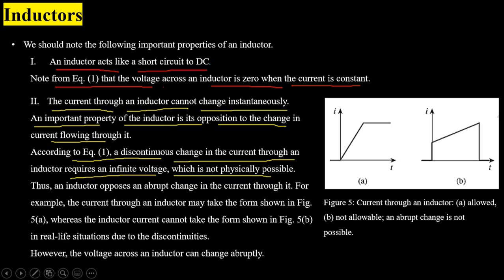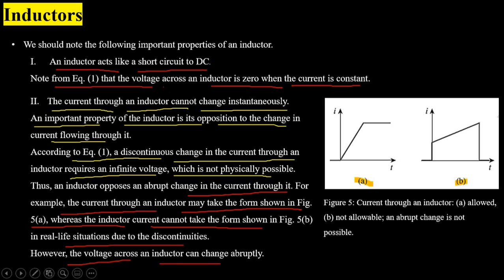So the inductor opposes an abrupt change in the current flowing through it. For example, the current through an inductor may take the form shown in figure 5a, whereas the current cannot take the form shown in 5b in real life situations due to discontinuities. However, the voltage across an inductor can change abruptly.